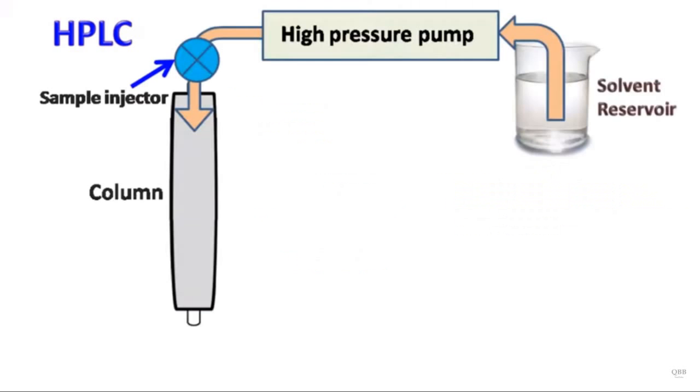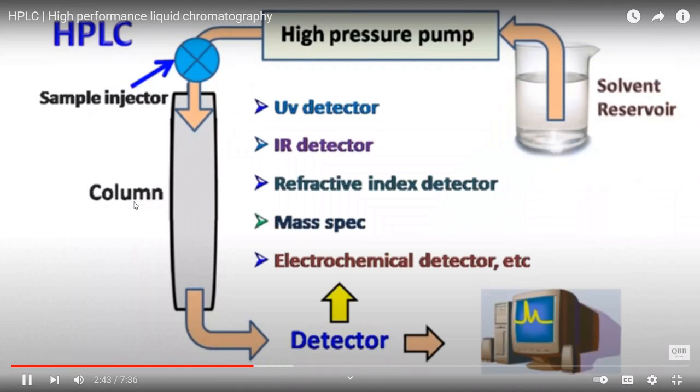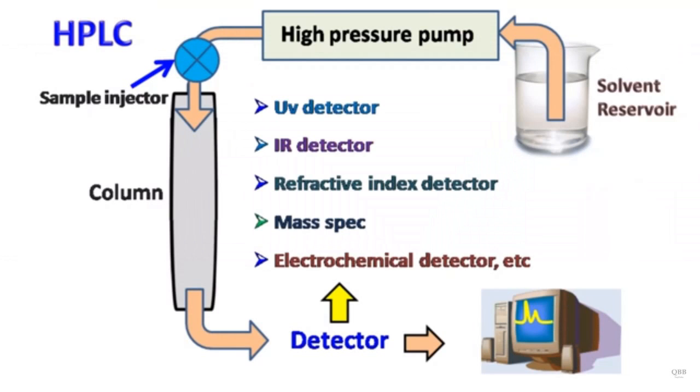In order to detect the eluate, that is sample coming out of the column, the HPLC column is attached with a detector. Different types of detectors such as UV detector, IR detector, fluorescence detector, refractive index detector, mass spectrometer, electrochemical detectors, etc. can be used. The detectors are connected with a computer which collects the information.